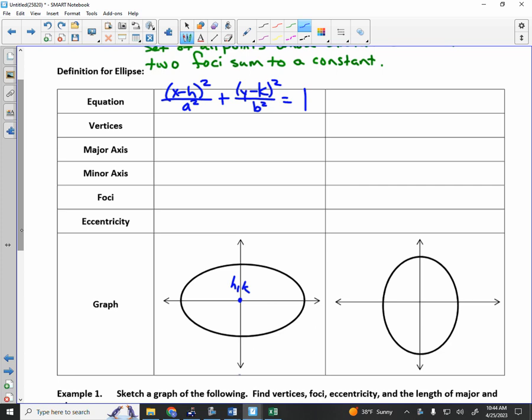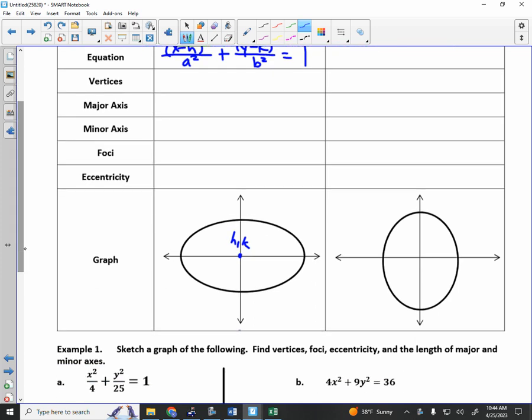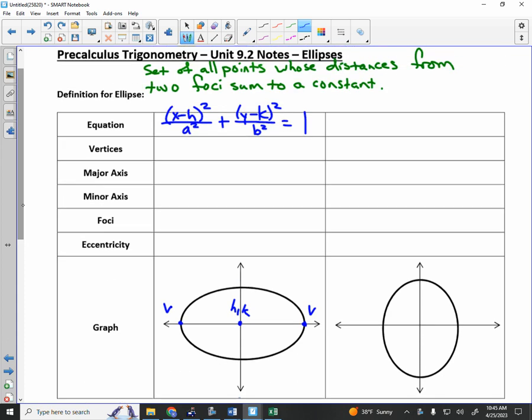And then they have what we call vertices. The vertices are the endpoints of where it's stretched the most. So I have a vertice here, and I have a vertice here. I have two vertices. Now, how far do we stretch? Very simple. Look at the number that's under the x. We have an a squared.